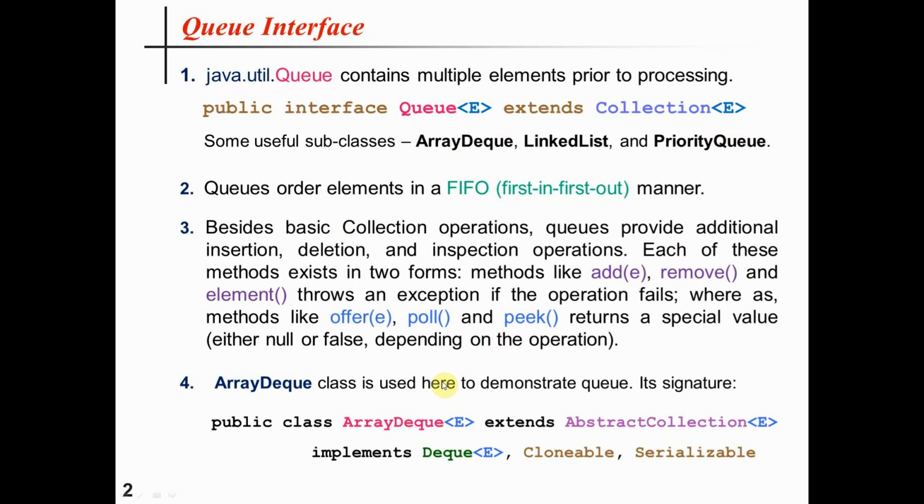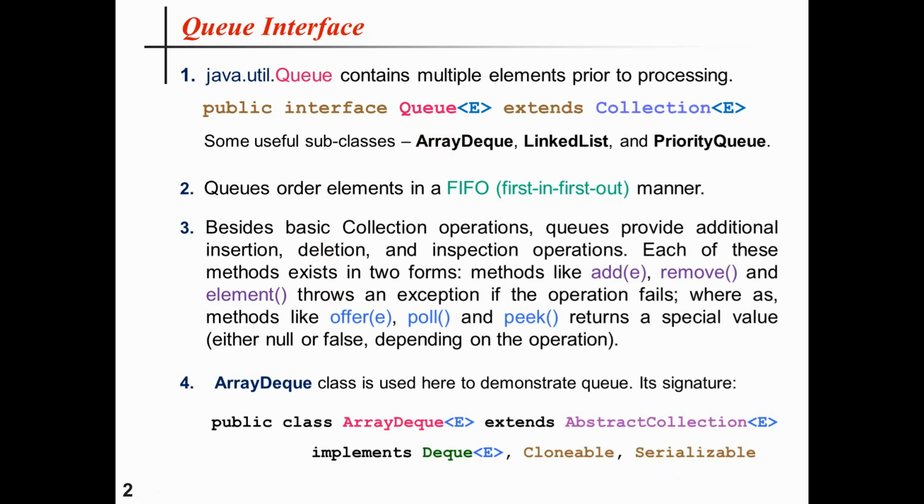If I look at the signature of ArrayDeque, it is like public class ArrayDeque, it supports generics, extends AbstractCollection, which is basically a class, and implements Deque, which is basically a sub interface of the Queue interface, Cloneable and Serializable. So that means ArrayDeque is a resizable array implementation of the Deque interface, and Deque is a sub interface of the Queue interface.